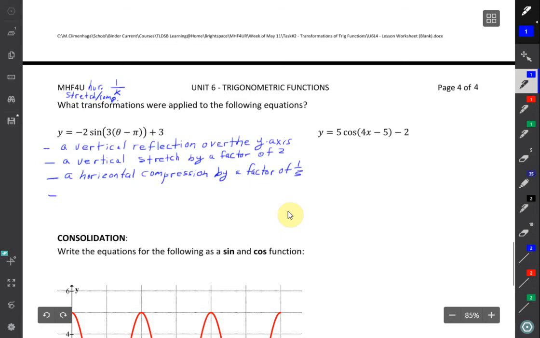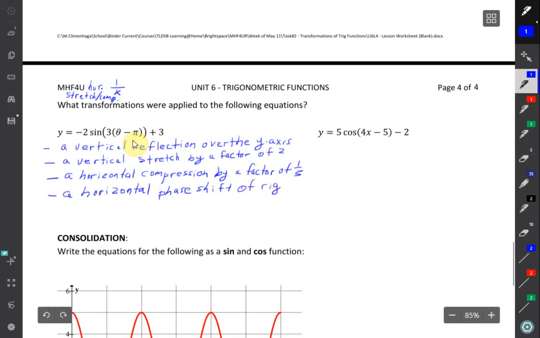And finally, there's a phase shift also. So here's a phase shift. And remember, this happens in opposite, so that's to the right. A horizontal phase shift of pi to the right.